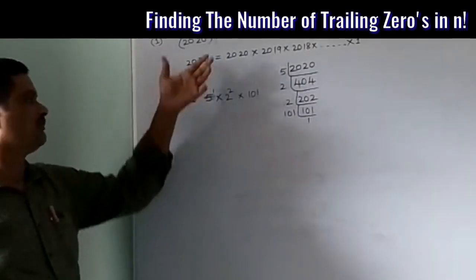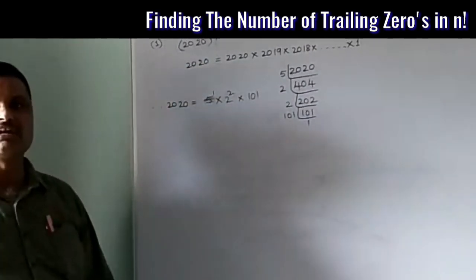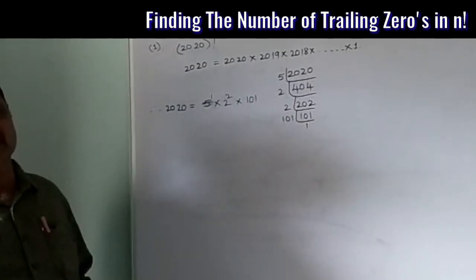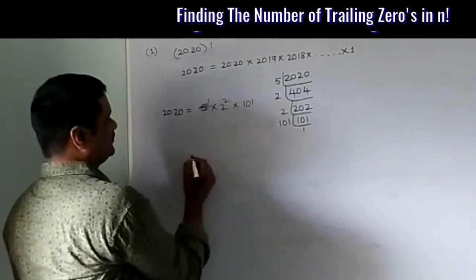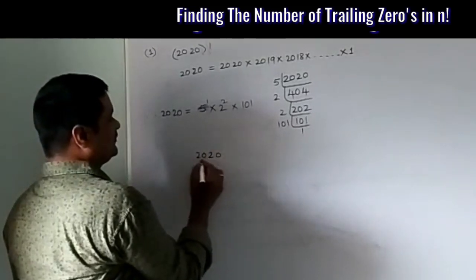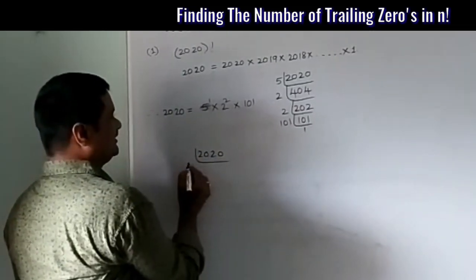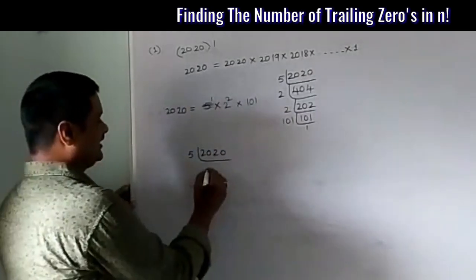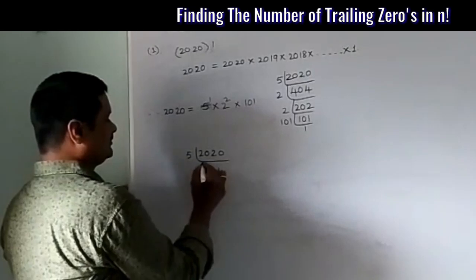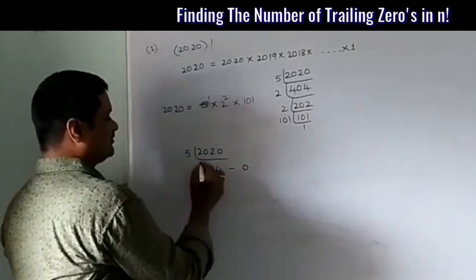In order to obtain the number of zeros in 2020 factorial, go through successive divisions. Consider 2020 and divide successively by 5. We get 404, and the remainder is 0.